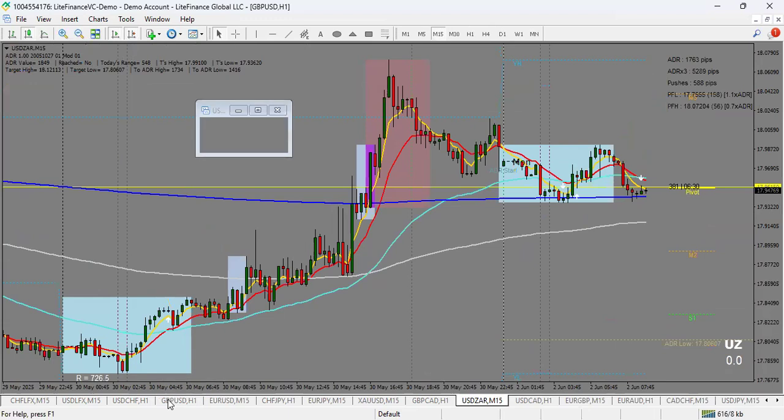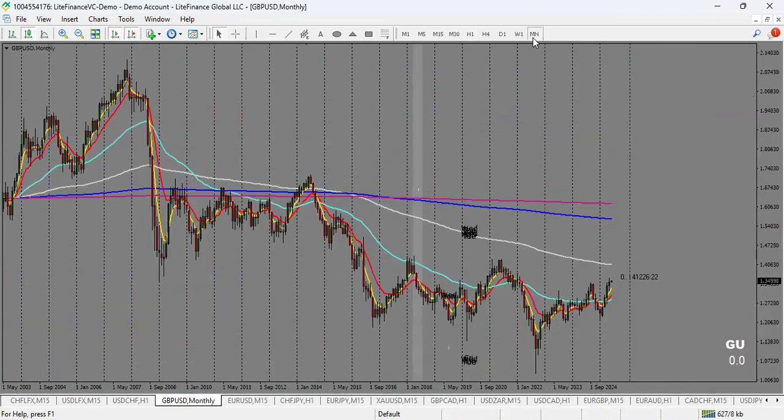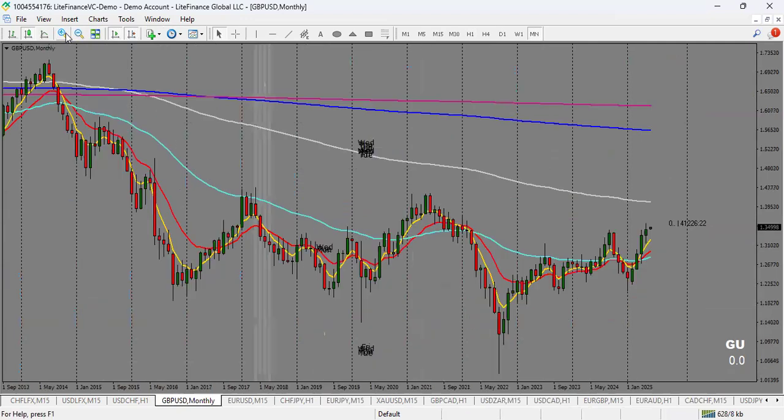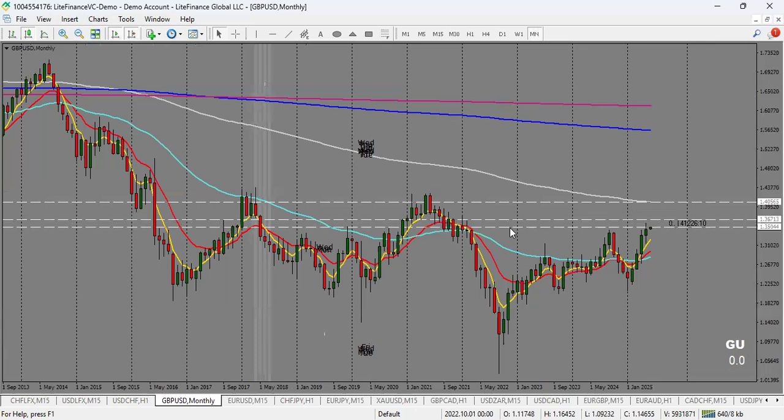So let us have a quick analysis on a few pairs here. This is GBP USD. We'll start our analysis on the monthly time frame, where we'll be looking at areas of support and resistance to determine the market structure.